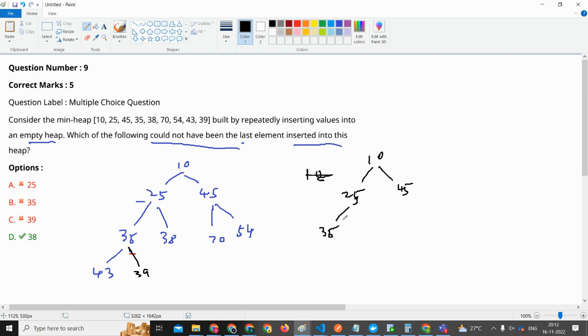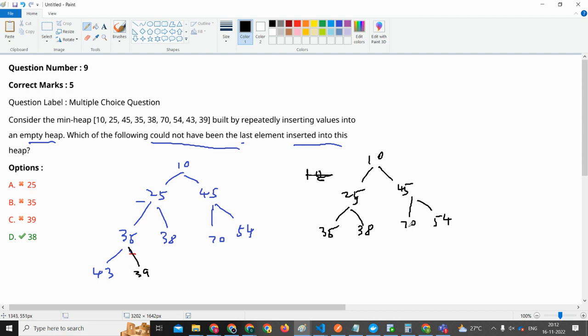Now it's a min heap, also it's given as a min heap itself. So now 38. That's why it is not coming as a last element. We shouldn't do it like this, actually. We can't build it up.